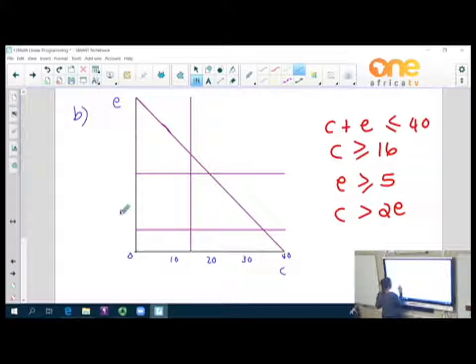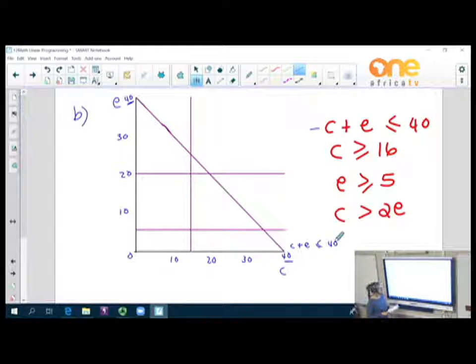On this side as well, 10, 20, 30, and 40. Obviously, you can have other axes. So the first one, C plus E is less than or equal to 40. So he cannot work more than 40 hours. So that is your C plus E is less than or equal to 40 line.